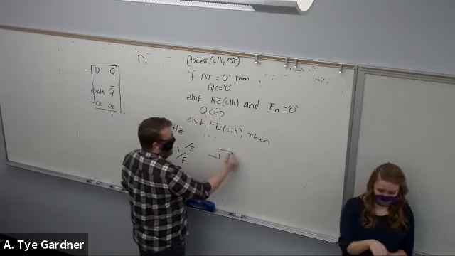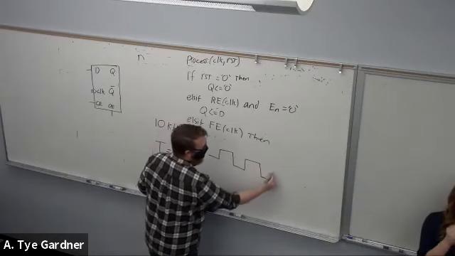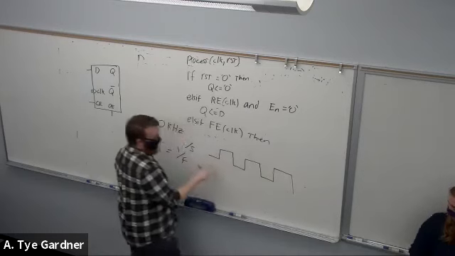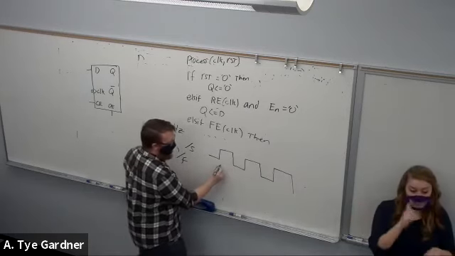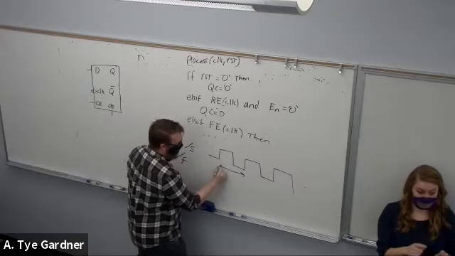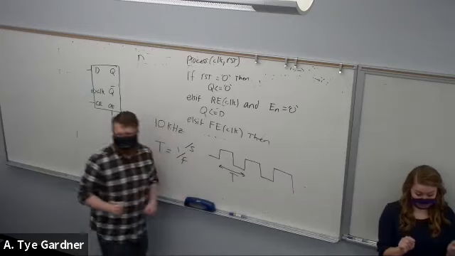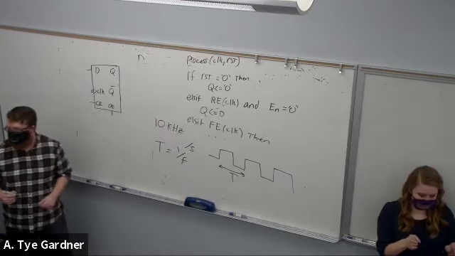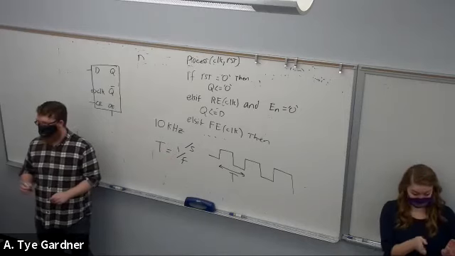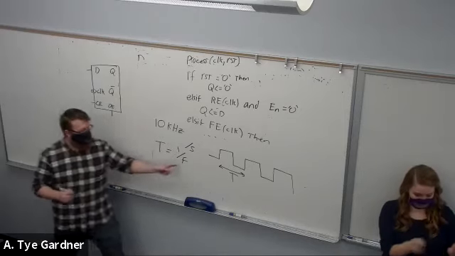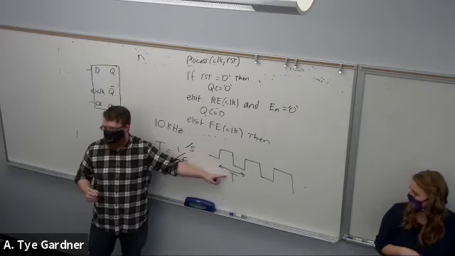So let's draw a clock real quick. This is how many times it happens per second, right? But the distance between two rising edges is the period, capital T. The frequency is related to that in an inverse manner. This is the only way a digital circuit knows what time is.